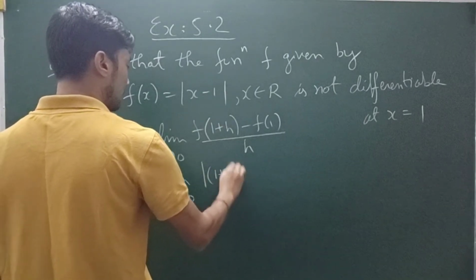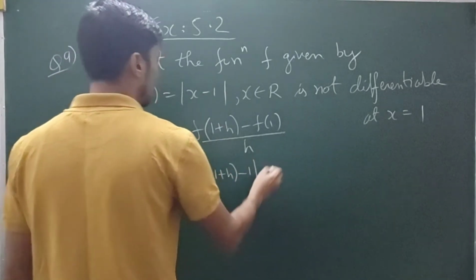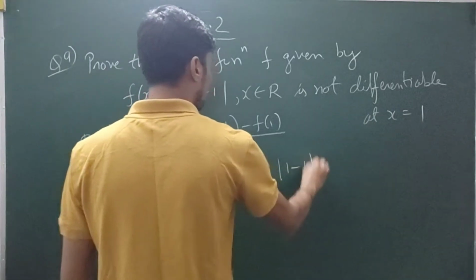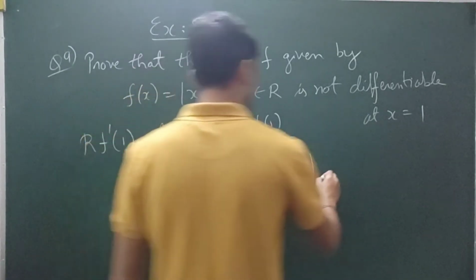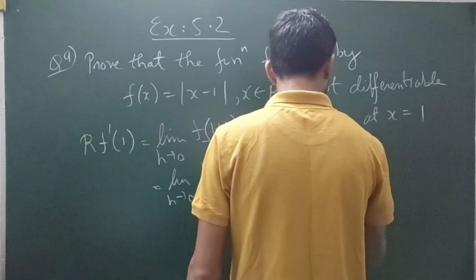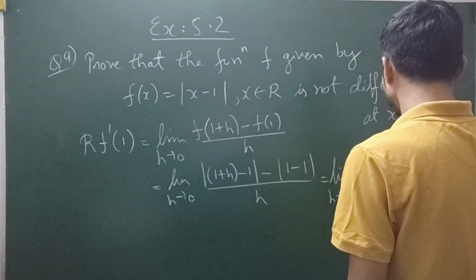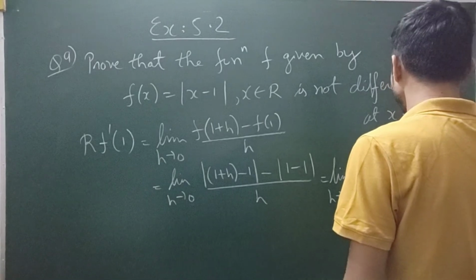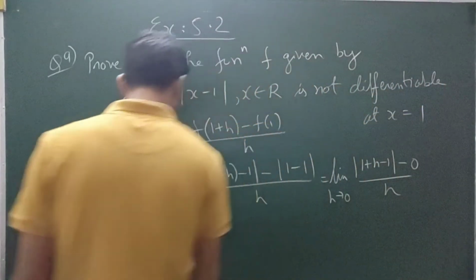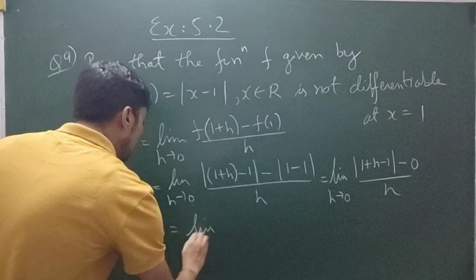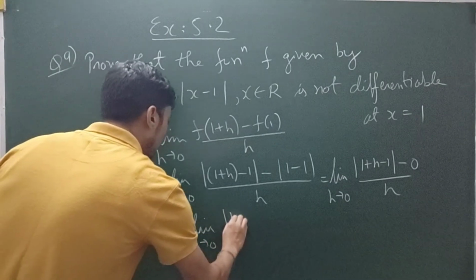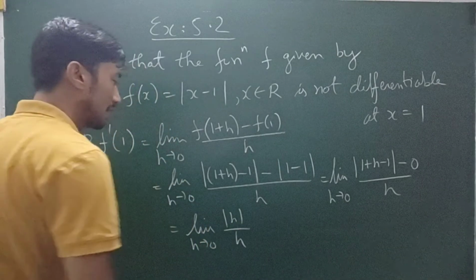So that is the limiting value as h tends to 0 of mod of 1 plus h minus 1, minus f of 1, which is 0, divided by h. So 1 cancels. So what do we have? Limiting value as h tends to 0, mod of h divided by h.